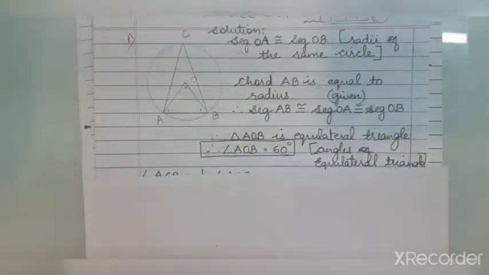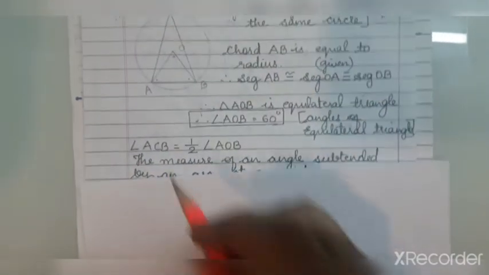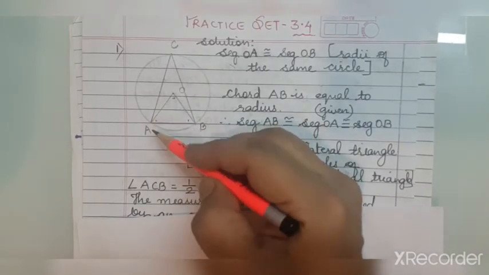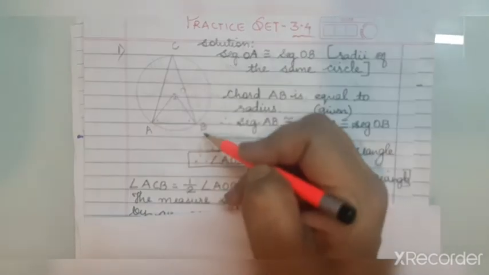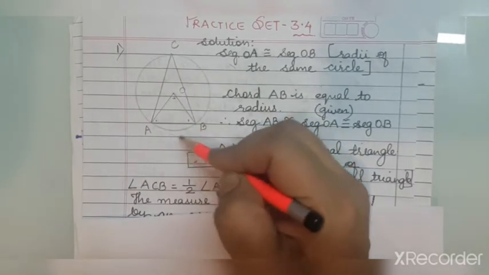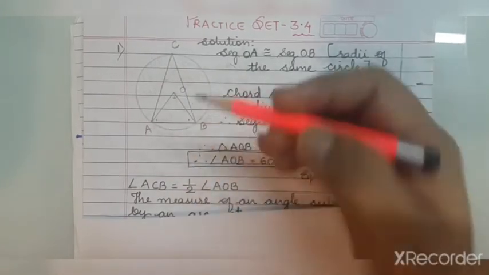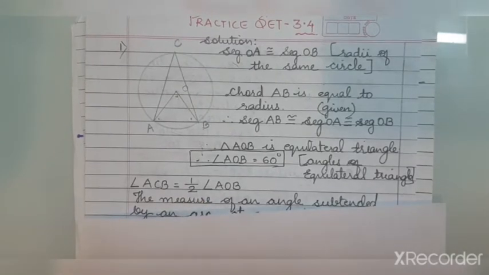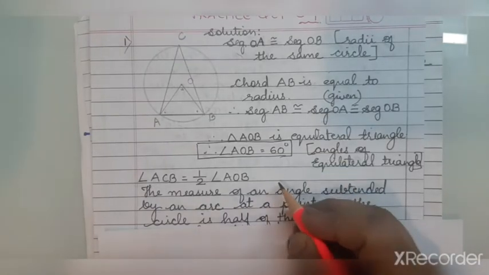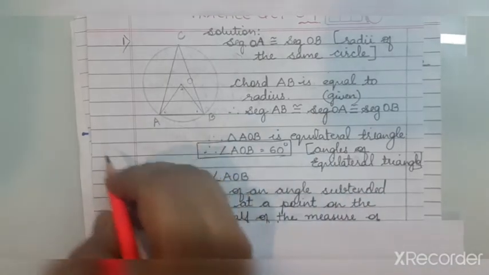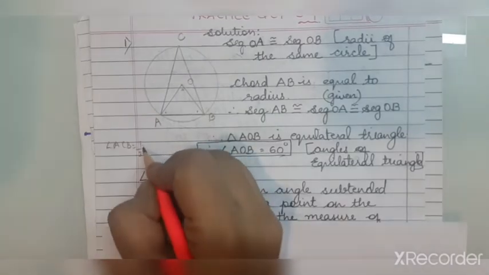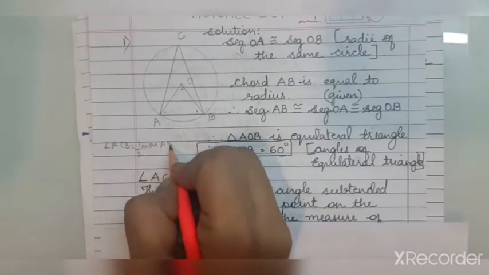Now we know the inscribed angle theorem, that angle ACB is half of arc AB. So we are using that here. If you want, I will write it here: angle ACB is half of measure arc AB.